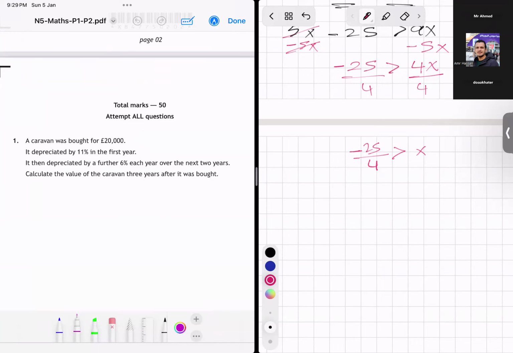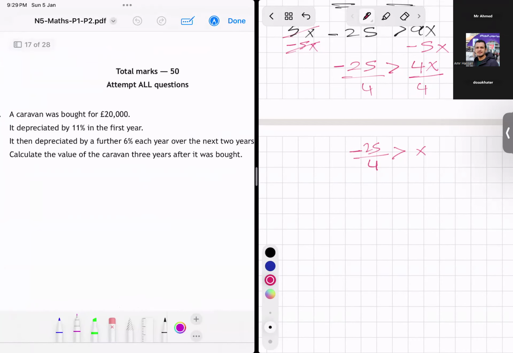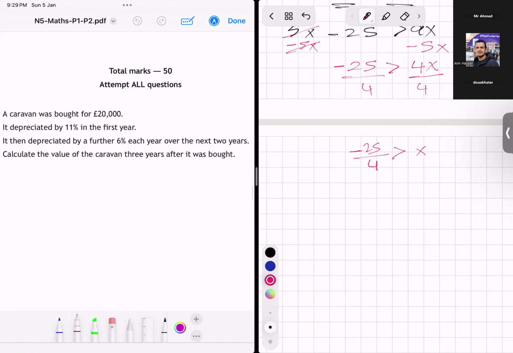Can you see it? Yeah, I can see it. Okay. This is my best attempt. Can you see it right now? Yeah, I can see. Okay.